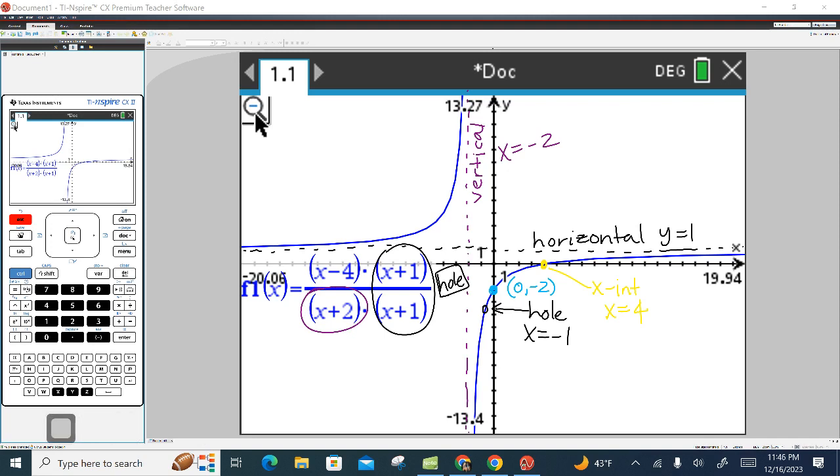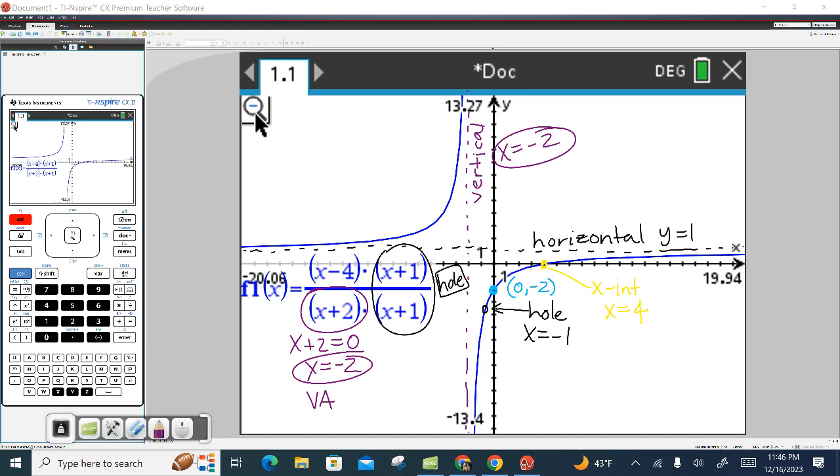So my vertical asymptote, I took x plus 2 and I set it equal to 0, and that gave me x equals -2. That's how I got my vertical asymptote. That's this one. Okay? And I'll call that the VA, the vertical asymptote, okay?